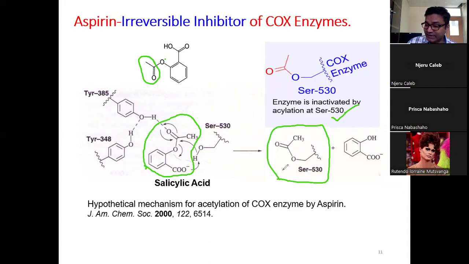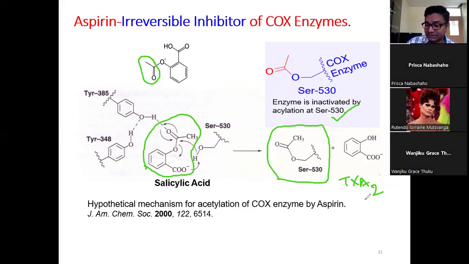So when the COX is blocked, what happened? There are no further prostaglandins. One that is very important is thromboxane A2, TXA2. It blocks thromboxane A2. So when thromboxane A2 is blocked, there is no platelet aggregation.